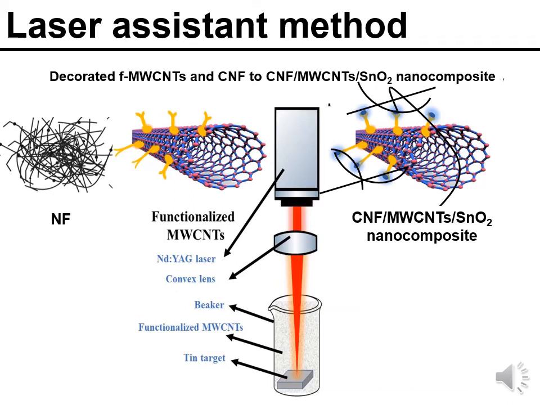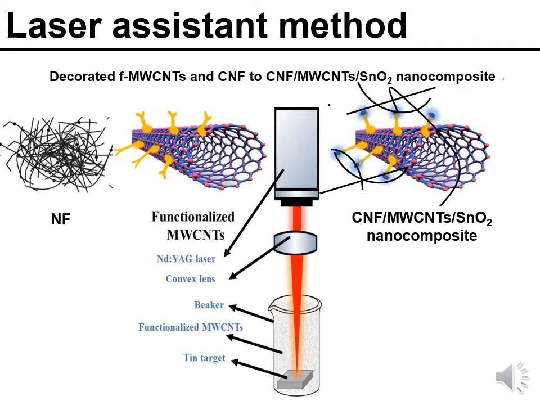This technique is based on focusing an ultrafast laser beam on the target metal source, producing laser-matter interaction under specific conditions, forming a plasma bloom, followed by the production of very tiny nanoscale metal oxide.